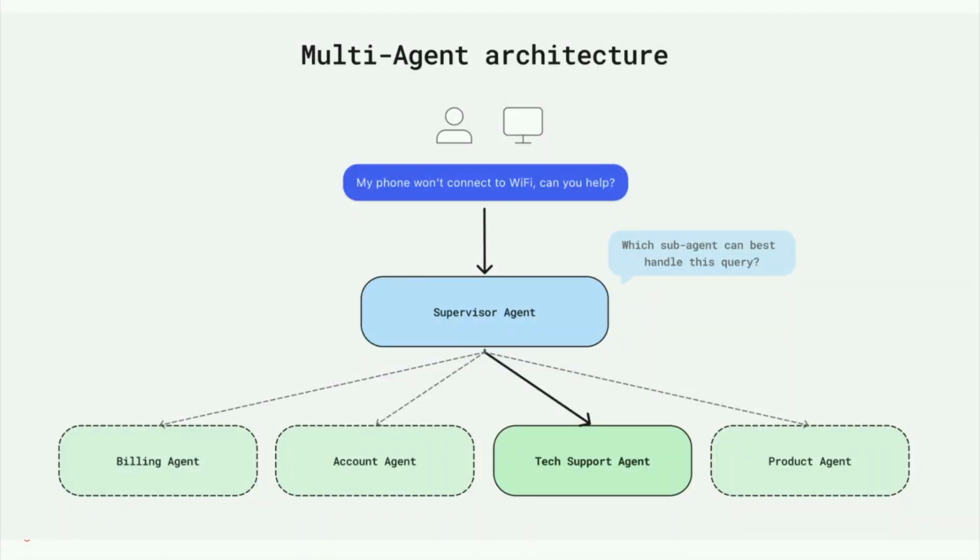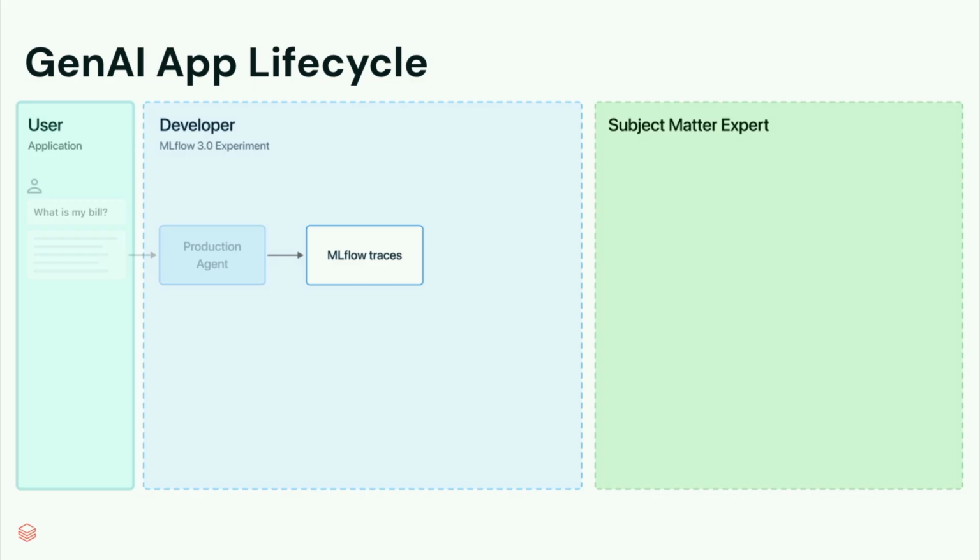A multi-agent architecture basically says, look, I'm going to have a query like my phone won't connect to Wi-Fi, or my computer crashed yesterday, or just before this. We will have a supervisor agent, just like a supervisor in a company, that will say, hey, tech support agent, you need to answer this subquery, OK? So that's the setup we're working with here. And I'm going to add one more box here, which is MLflow tracing.